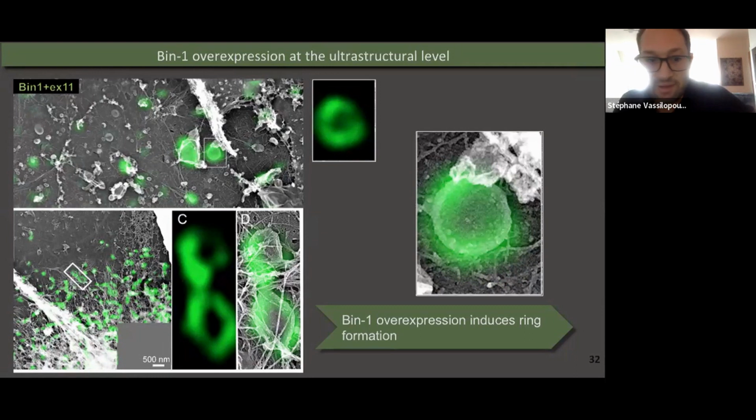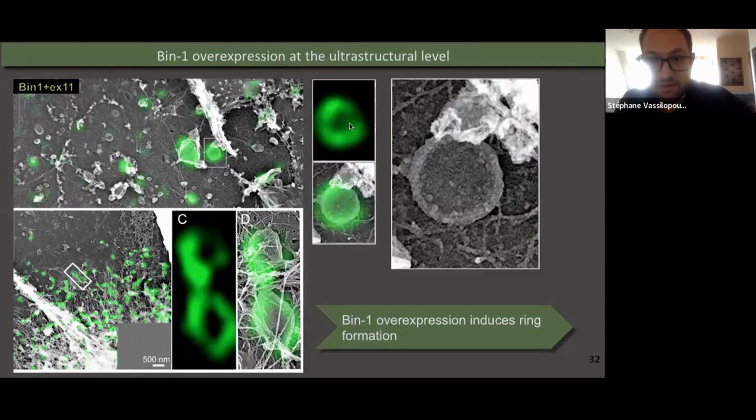You have one example here. This is the case here where you have this ring. It's characteristic, but the ring in the electron microscopy doesn't show any caveolae or any stripes on it. So this is suggesting that you can have a ring without the caveolins. And the same thing here, we have this double ring, which has absolutely no caveolae around it, but it's just composed exclusively of bin1 overexpressed in cells.